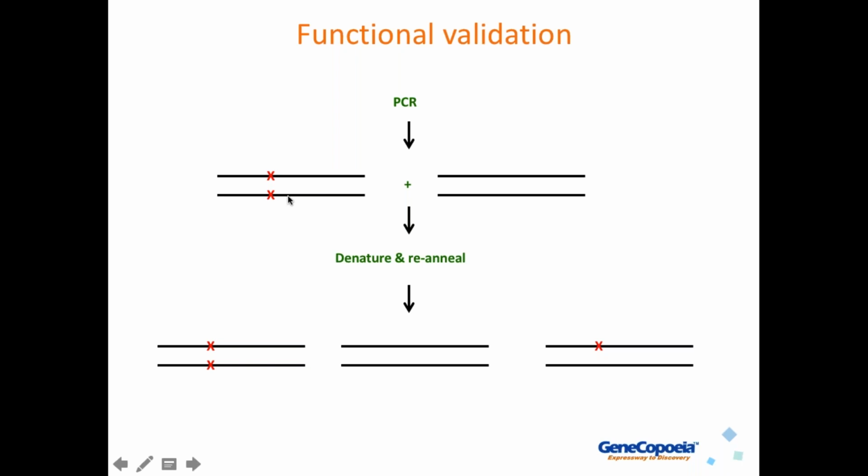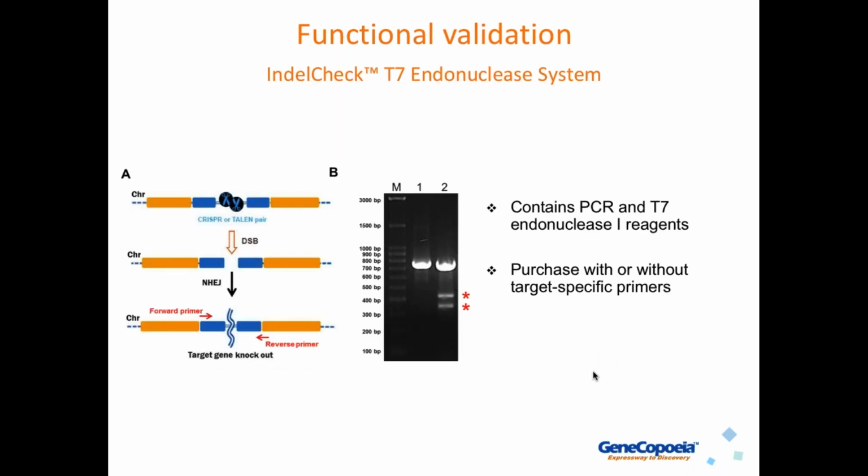Instead, you'll have PCR products, some of which are mutant and some of which are unmodified. But when you denature and reanneal these products, you'll get a mixed population of homoduplex mutant DNA, homoduplex unmodified DNA, or heteroduplex DNA, which can be either mutant over wild type or one type of mutant over another type of mutant. These heteroduplexes are then substrates for an enzyme called T7 endonuclease 1.